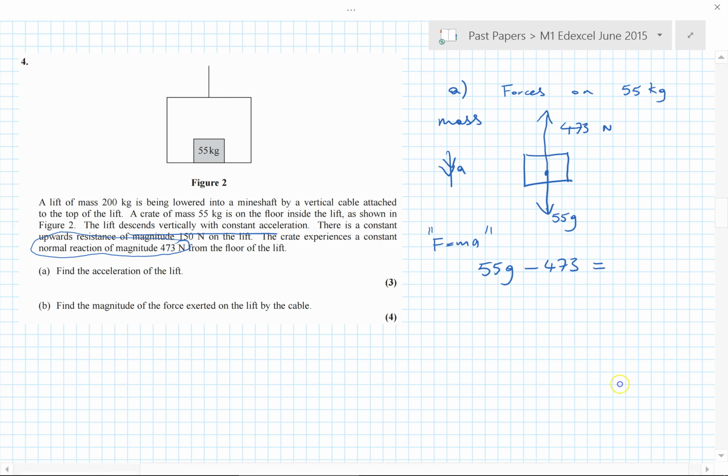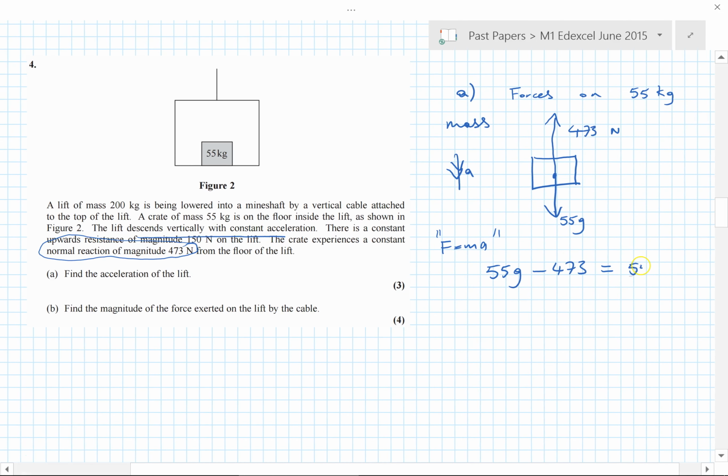And the mass of the thing is obviously 55 times A. Okay, so taking G as 9.8 as we always have to, and working out the left hand side, we get 66 is equal to 55A. So A is 66 divided by 55, which is 1.2 meters per second squared.